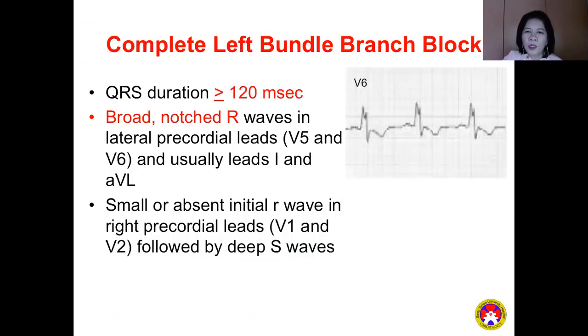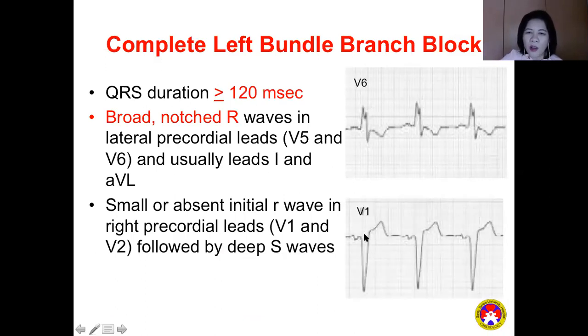In complete left bundle branch block, this time what you see is a wide QRS complex again, so at least 3 small squares. But in V1, instead of seeing the rSR' that we saw in the right bundle branch block, in the left bundle branch block you see a QS pattern, like this one, or sometimes you see just a small R and a deep S. In V6 and lead 1, you see a notched R, a broad notched R. You can also see this in lead 1.